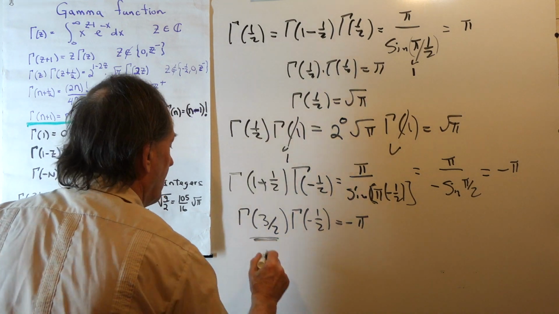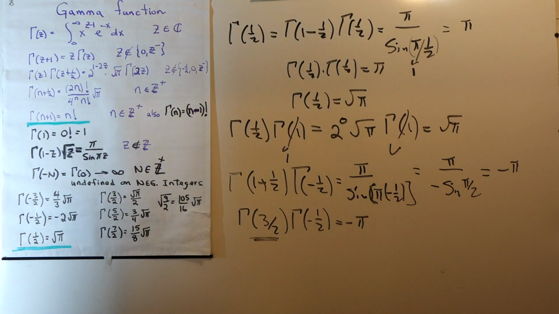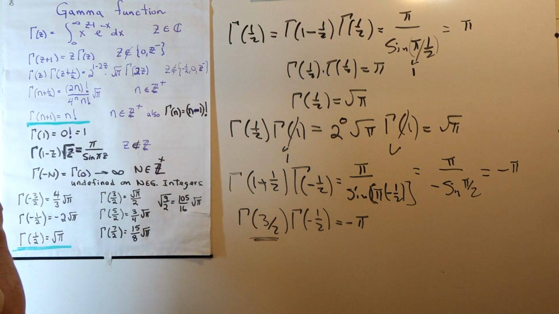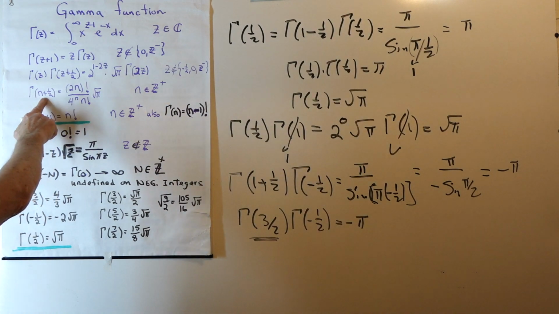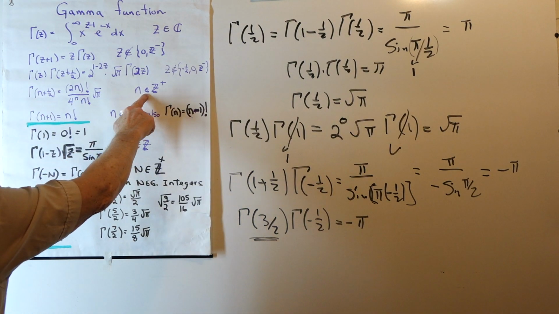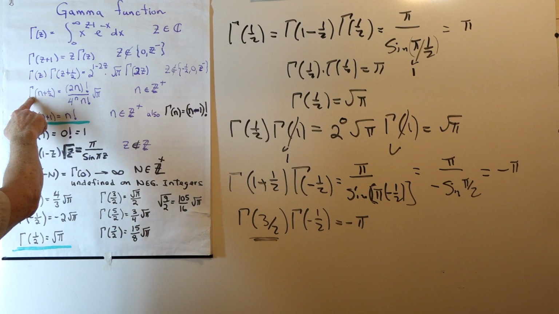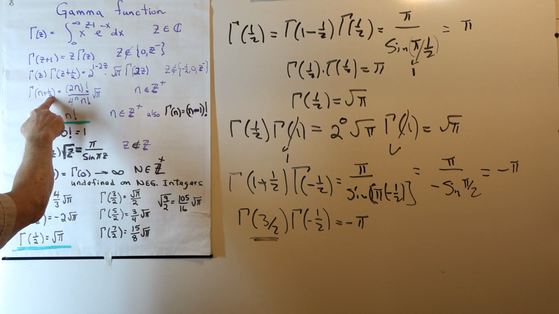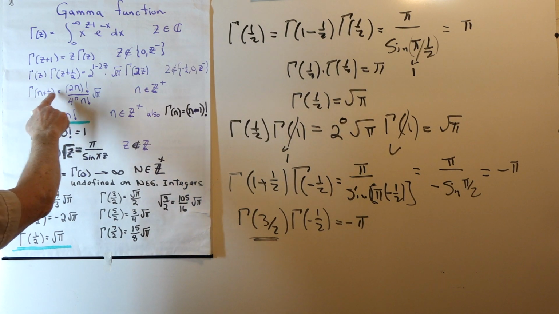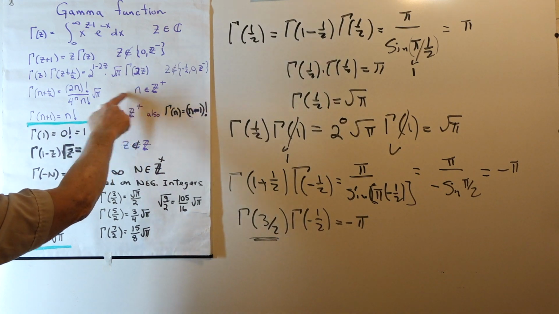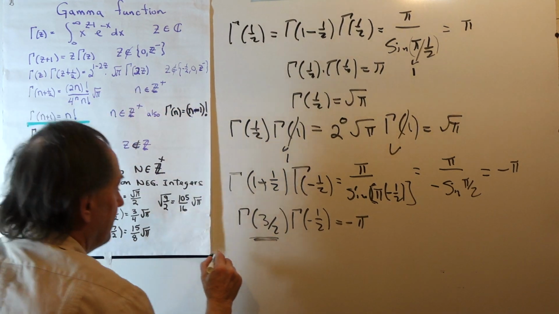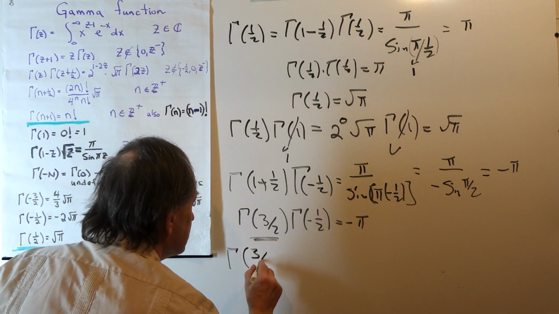Well, we need to know what gamma of 3/2 is. We could get that by using this, by putting n equal to 1. Gamma of 1 plus 1/2 is 3/2, and 1 is a positive integer, so we can use this. Let's evaluate what gamma of 3/2 is.